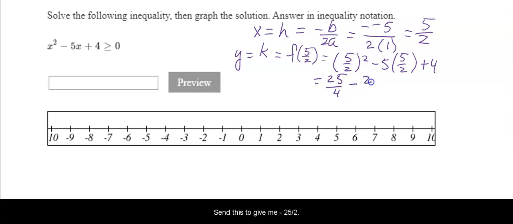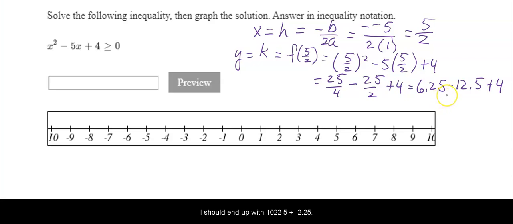Then this would give me minus 25/2 plus 4. This is the same as 6.25 minus 12.5 plus 4. In other words, I should end up with negative 2.25.